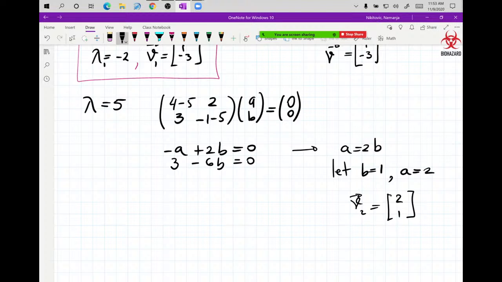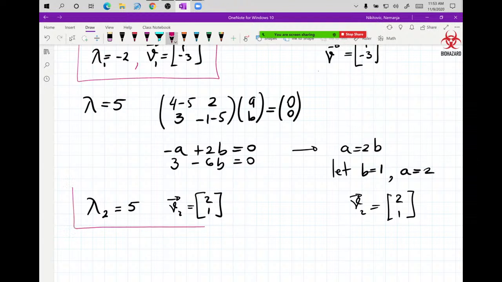The b is the bottom entry in the matrix. So make sure you put b down there. So now you have your second eigenpair, which is 5, and a v2 vector is given as 2, 1. Again, pay attention to where you put your 2 and where you put your 1.